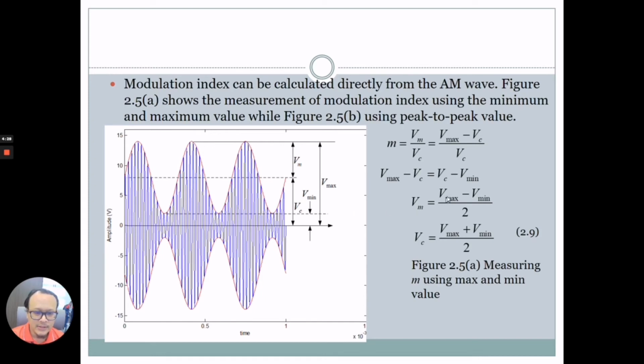We can use these equations: Vm is equal to Vmax minus Vmin over 2, and Vc is equal to Vmax plus Vmin over 2. To get Vmax, we just need to know the peak of the AM signal, which is here, here, and here. From this example, Vmax is around 13 volts.